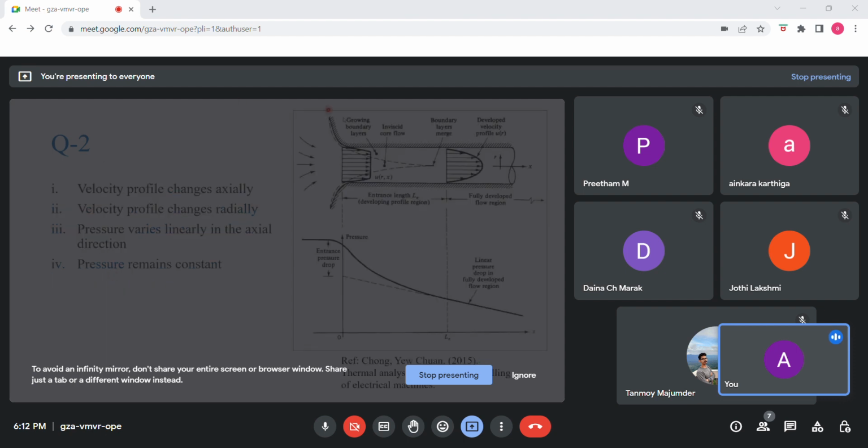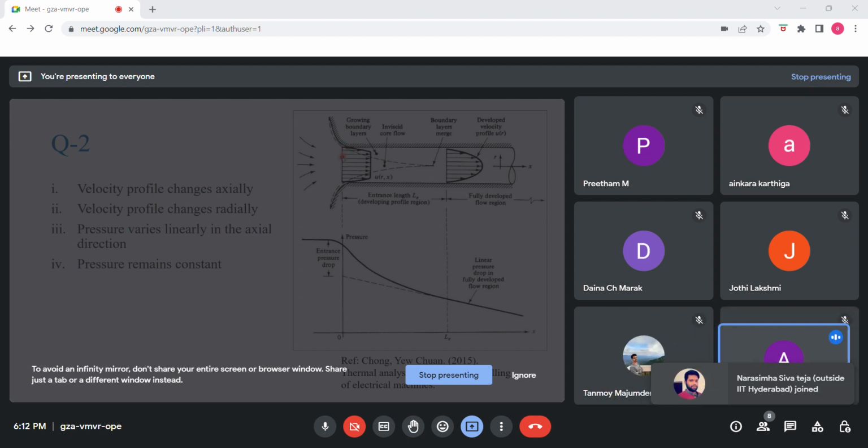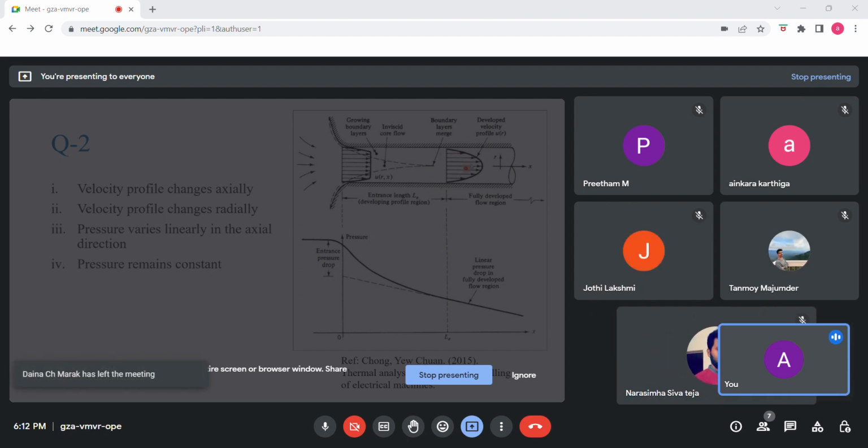So this is the profile for the velocity distribution in a circular pipe. From this, we can observe that for a steady developing laminar flow, the velocity profile keeps changing in the axial direction till it attains fully developed flow.